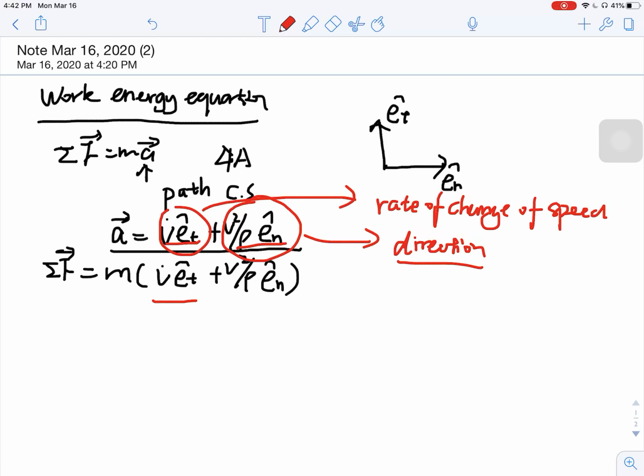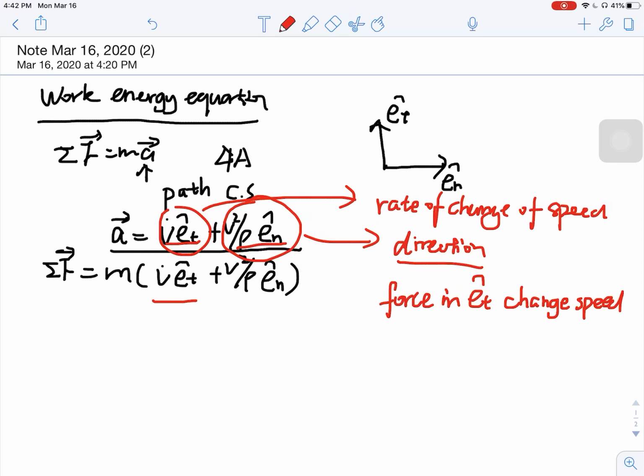And in the work and energy equation, we only care about the forces that can change the speed. So we care about the force in the et hat direction that changes speed.